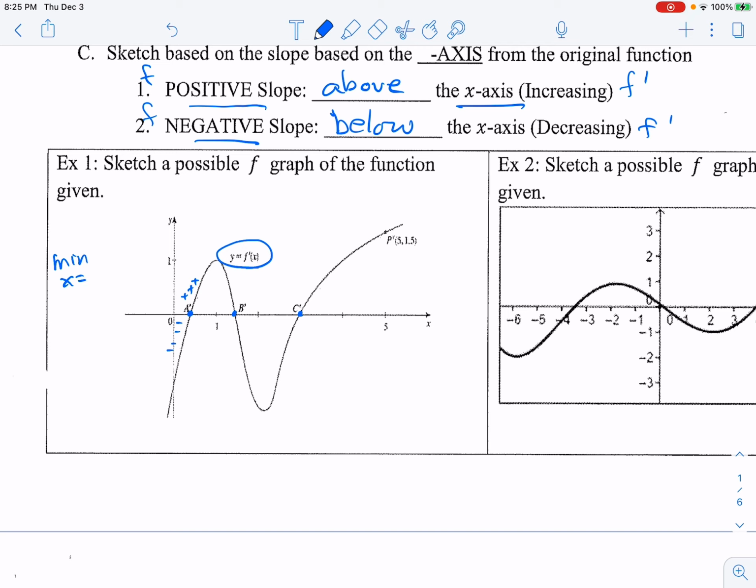X is equal to a. Okay. Here you change from positive to negative, so you have a max at B and negative to positive at C.